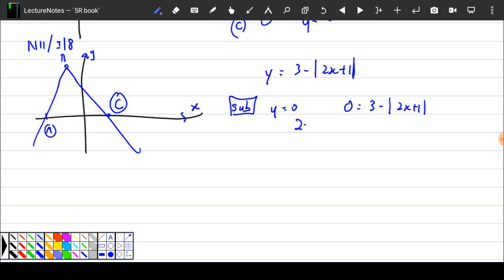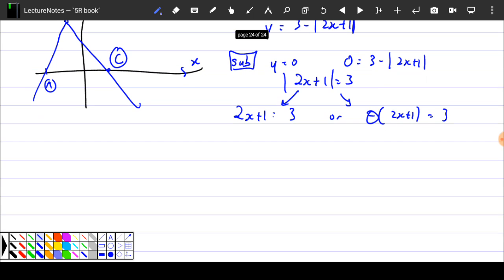So then you will straight away have the modulus equal to 3, right? Then you can split into 2 equations. So itself is equals to 3, or negative itself is equals to 3. Note that I prefer the negative to be modulus. So straight away A and C are found.